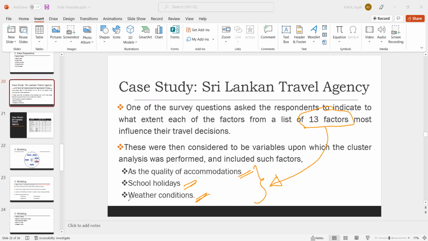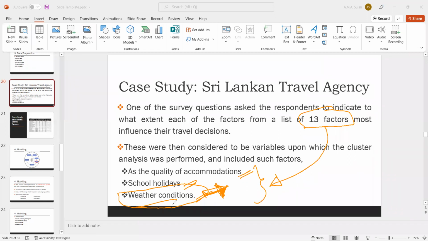Sometimes they consider the weather condition. If you think about Nuwara Eliya, the weather is very good in the April season, so most people visit there. Rather than December or October, the weather is good in Nuwara Eliya in April. So they look at the weather condition as well.